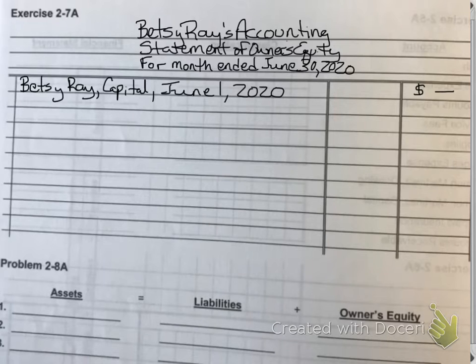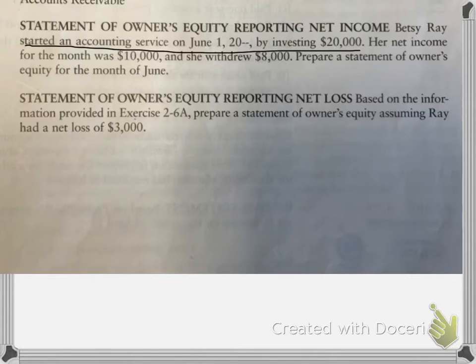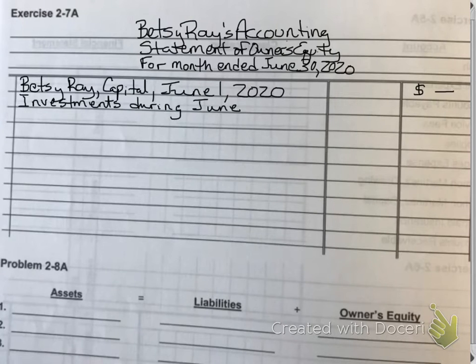The second line of your statement of owner's equity is going to be any investments by the owner. So we're going to add investments during the month of June, during the period that we're looking at. Like we said, she invested the $20,000. So investments during June for this business were $20,000.